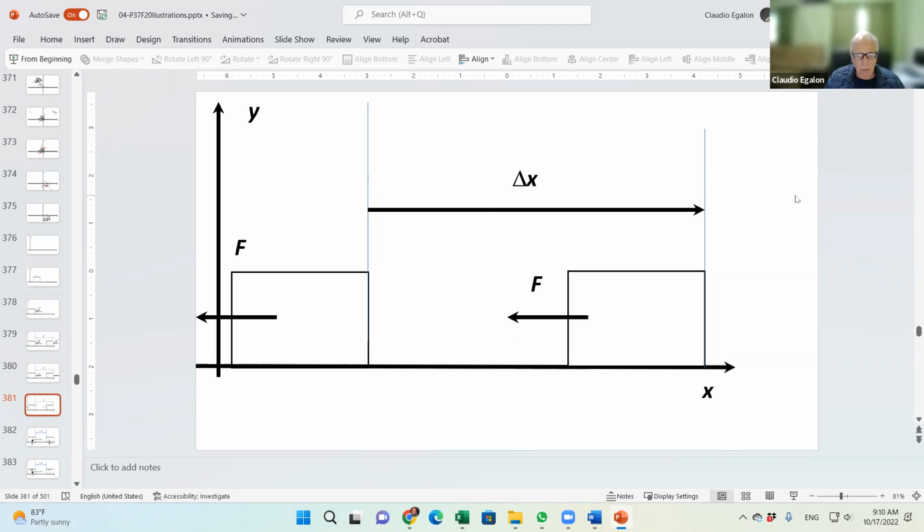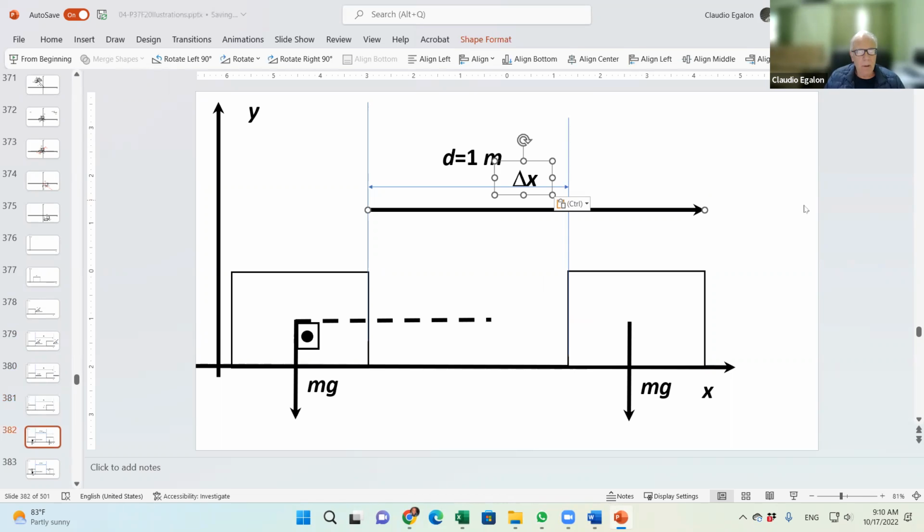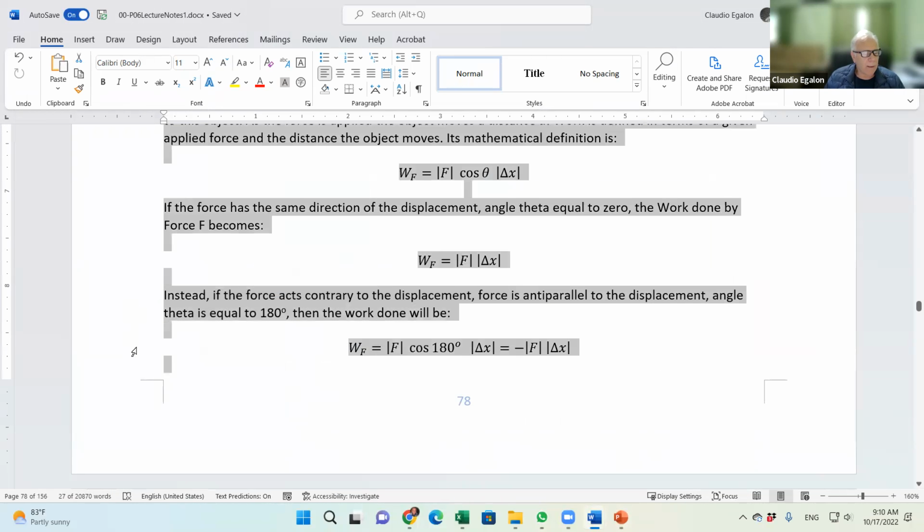And then we have that other case. Suppose that the force is perpendicular to the displacement. That's another special case of work, right? Like the weight, right? The weight is perpendicular to the displacement in this specific figure.